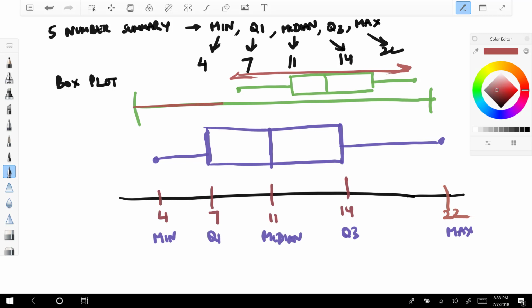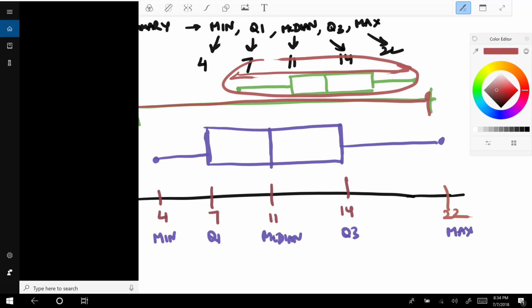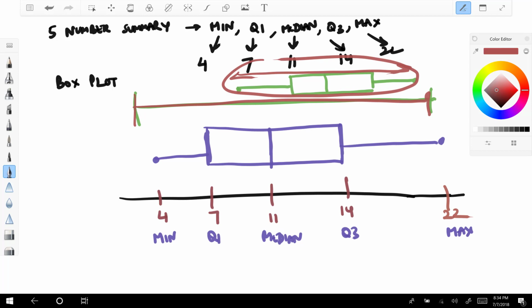So that means this data set has less spread compared to the second data set. And the other thing which we can talk about is this. We can compare the median and we can say this has higher values compared to this data set.